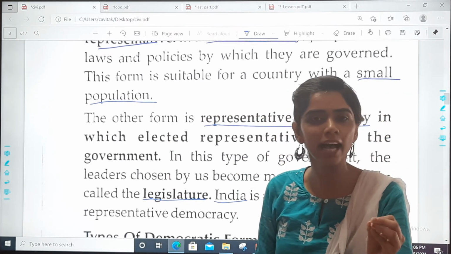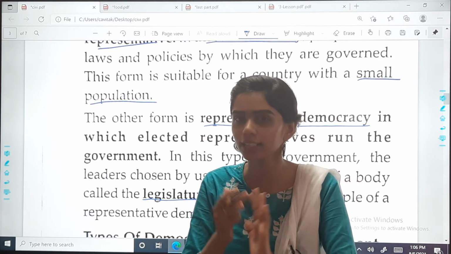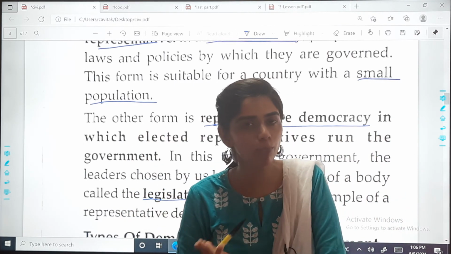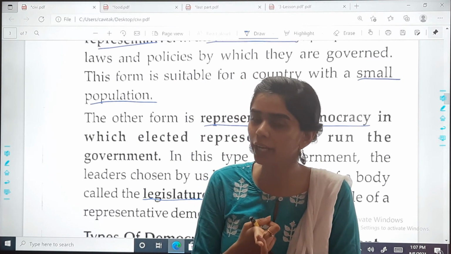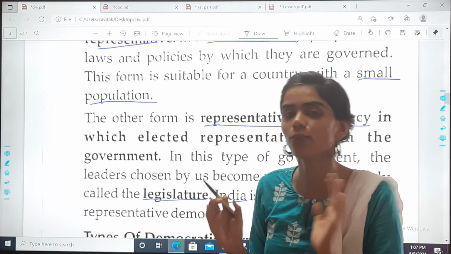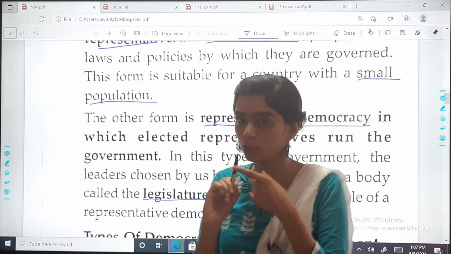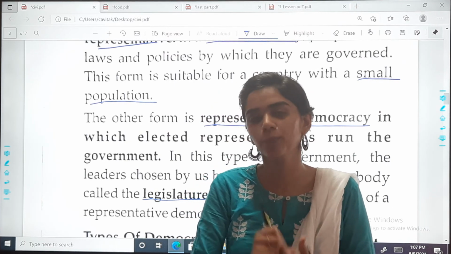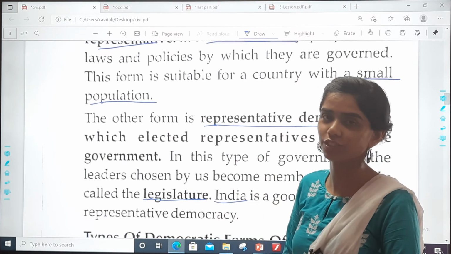What happens? That the elected representatives, elections are conducted, representatives from different parties come, we give votes, and the party who wins gets the government running, that is, they run the government. Okay, जो party rule करती है वो ही होती है जो elections में जीती होती है, that is, their representatives have won the election.